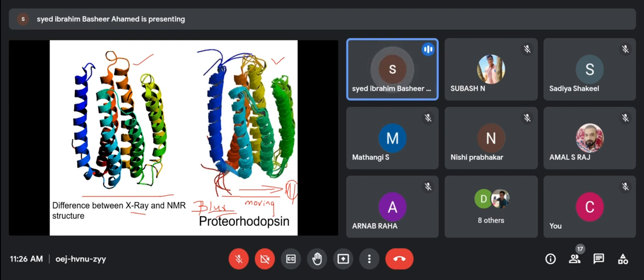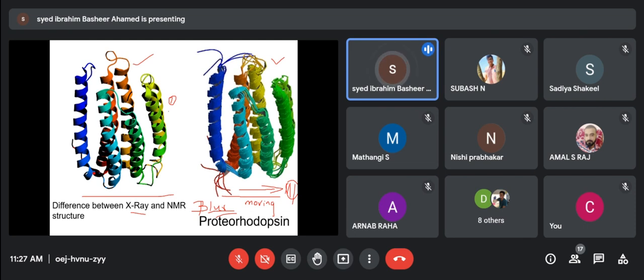That's why if you go to the PDB and take a protein structure which is solved by X-ray crystallography as well as NMR, here I have given proteorhodopsin. The structure is available in the X-ray method as well as in the NMR method. In the X-ray method, you will see a set of coordinates, only one time.